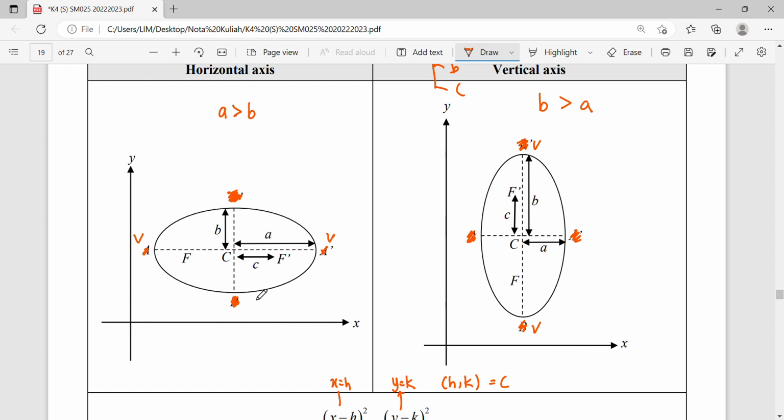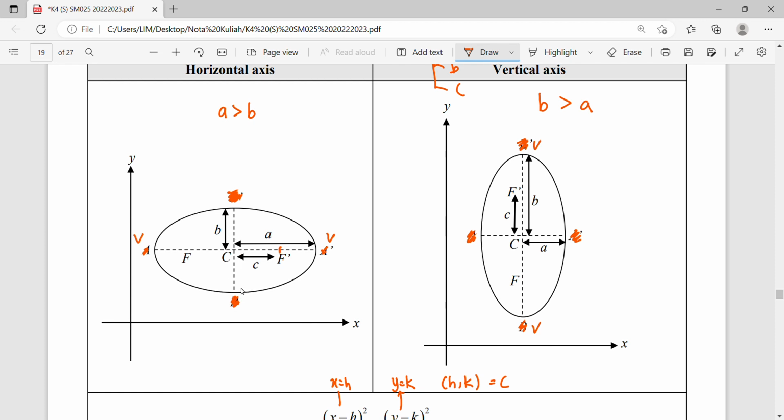Okay, so we look at our horizontal axis first. Tengok ellipse yang melintang dulu. Center, we know it is HK. So center kepada vertex adalah jarak A. So yang menegak ni adalah jarak B. And then we will have a focal point.